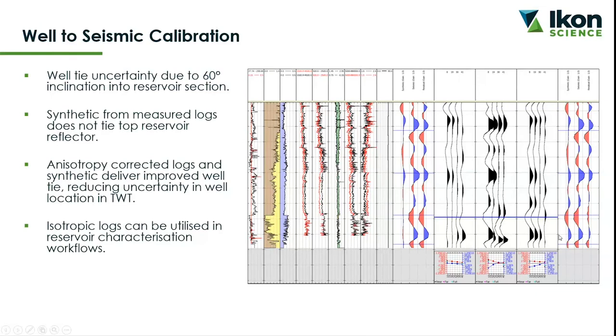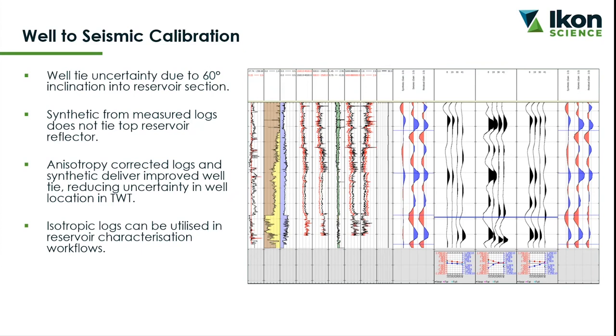So it can really make the difference between a good and a poor well tie, and you could imagine what the implications might be for wavelet estimation. And the same is true not just of deviated wells, but of vertical wells in areas where you have significant anisotropy, because the seismic has a significant non-vertical component, which should be factored in to all of the synthetics that you create and use to do the well tie process.